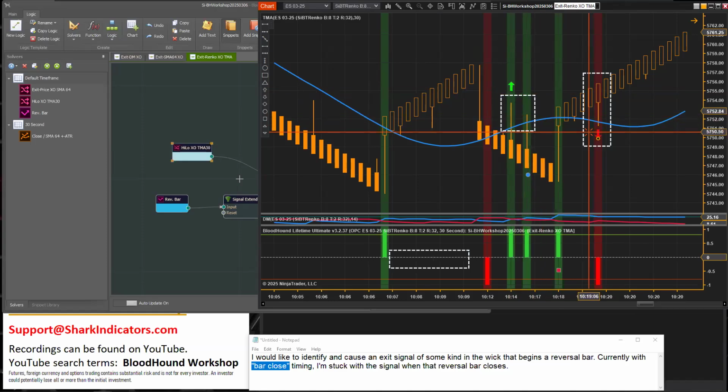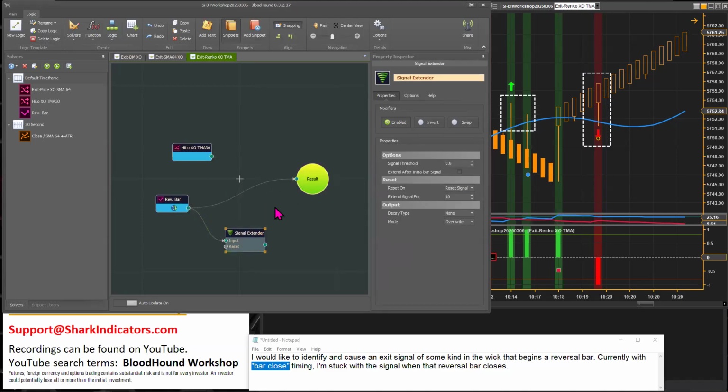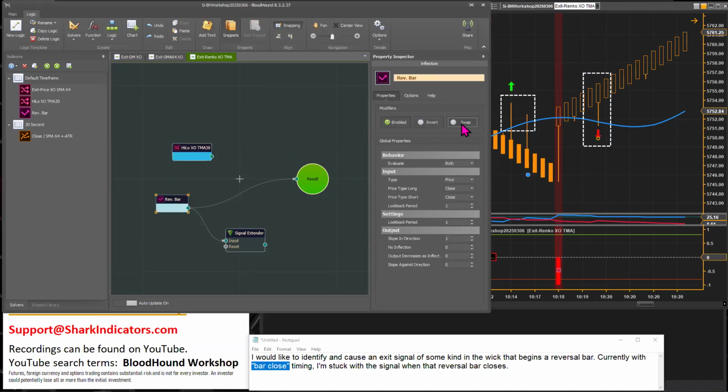Yeah, this reversal, well, actually, okay, there you go, problem solved. I was going to overcomplicate this for a moment. Normally, let's see here. Oops, swap is off. There we go.